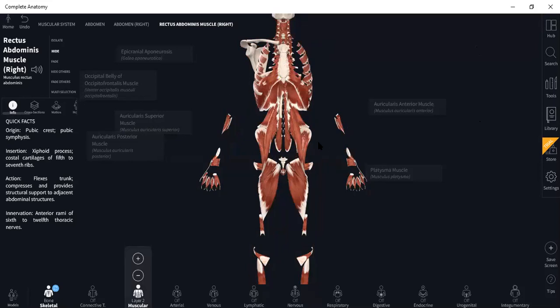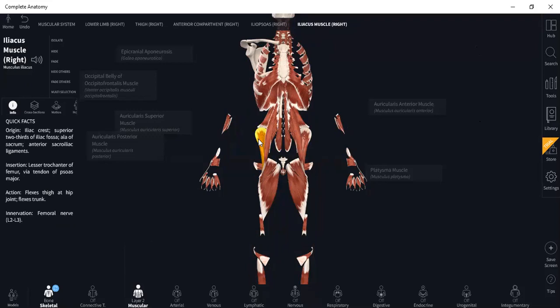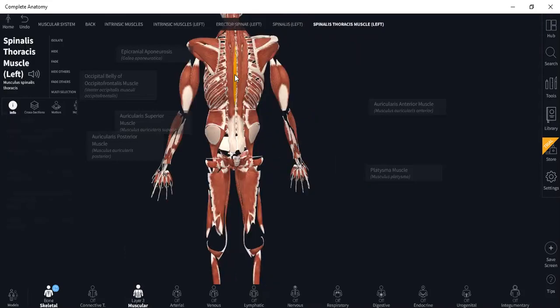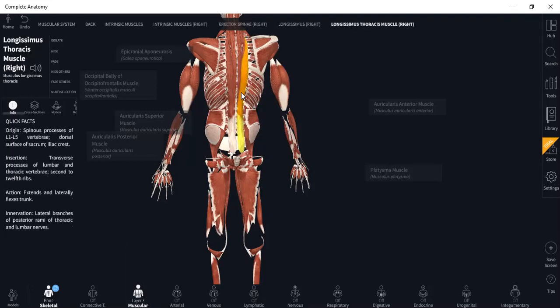Then we have the iliopsoas group made up of psoas major and iliacus. The antagonist of these three muscles is the erector spinae group, made up of longissimus and spinalis.